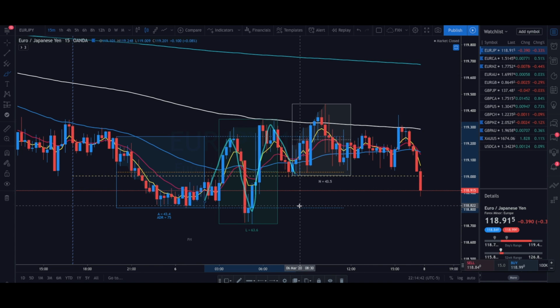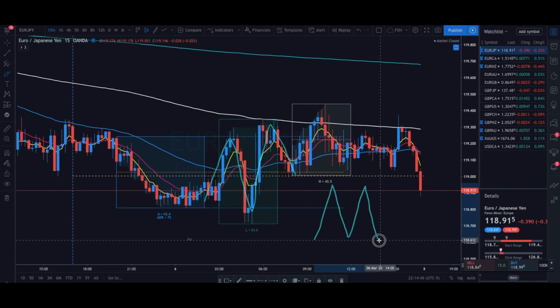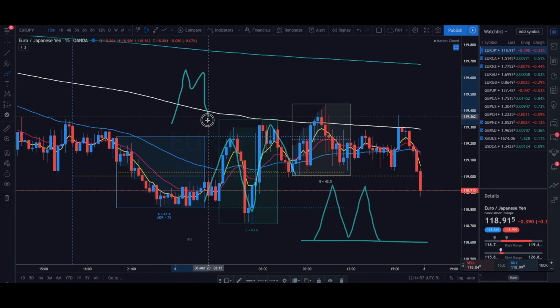The M's that we want to take are not like this, meaning the entire middle part doesn't come all the way down like that. The M's that we're trying to trade are like this. So keep that in mind.